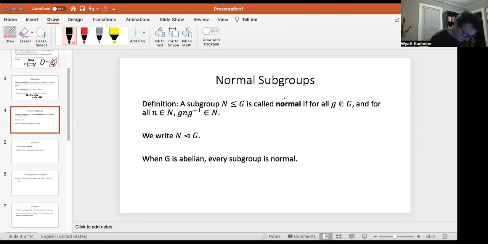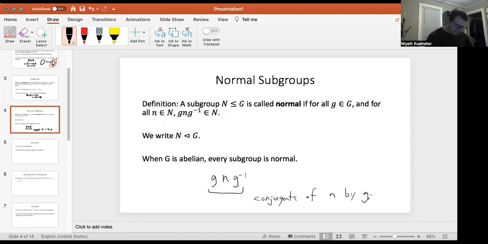A normal subgroup is a subgroup N such that whenever I have n in that subgroup, multiplying it by g on the left and g inverse on the right leaves you in N. So if I have an element n, and I take this special multiplication, g n g inverse, this is called the conjugate of n by g.